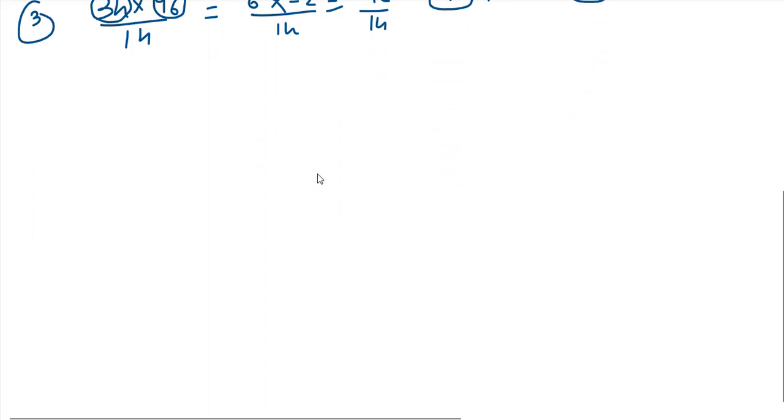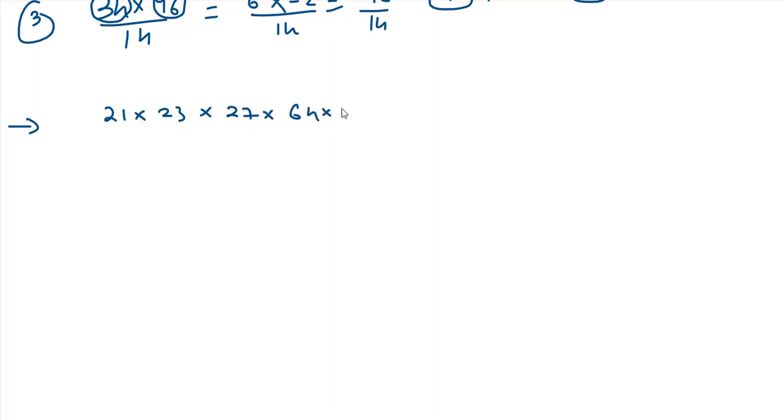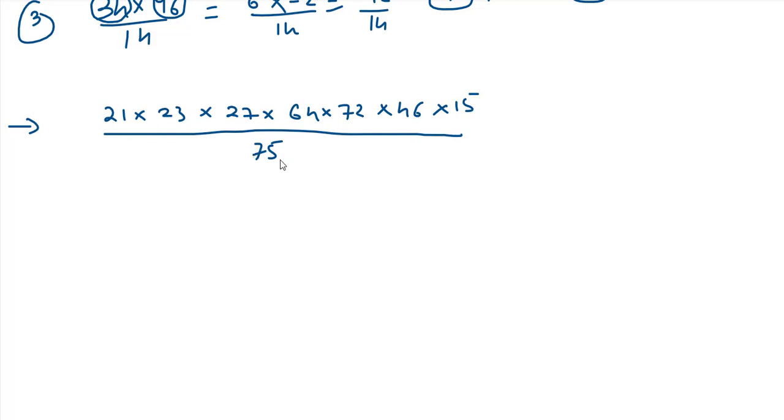Let us see now how different types of problems can be solved using the remainder theorem. Let us consider this expression, 21 into 23 into 27 into 64 into 72 into 46 into 15. If you want to find the remainder when this entire number is divided by 75. So how are we going to do that? We are going to find the remainder when these numbers are individually divided by the divisor.